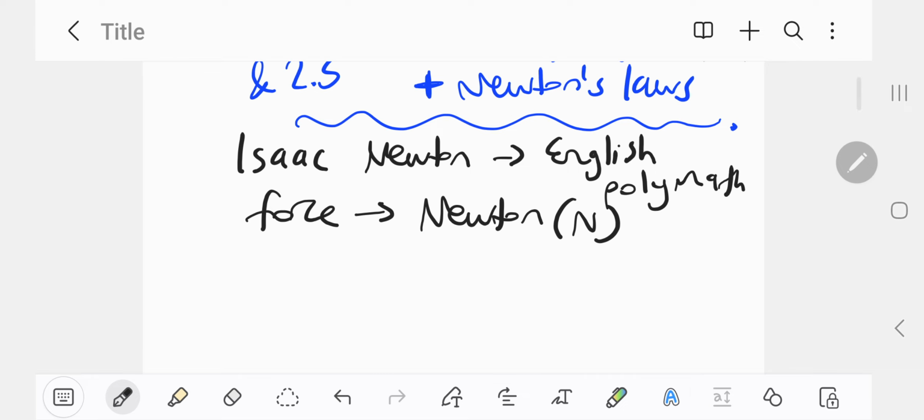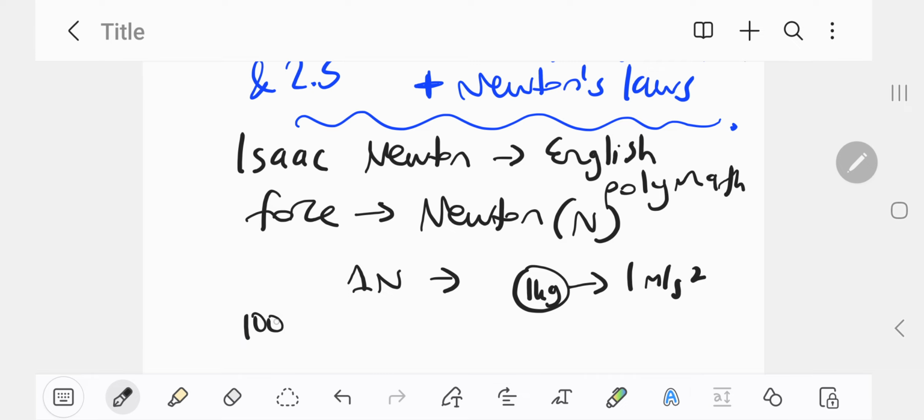And by definition, 1 Newton is the amount of force required to accelerate a mass of 1 kilo by 1 meter per second squared. That's where you get that from. Now, a typical apple has a mass of around, let's say, 100 grams.